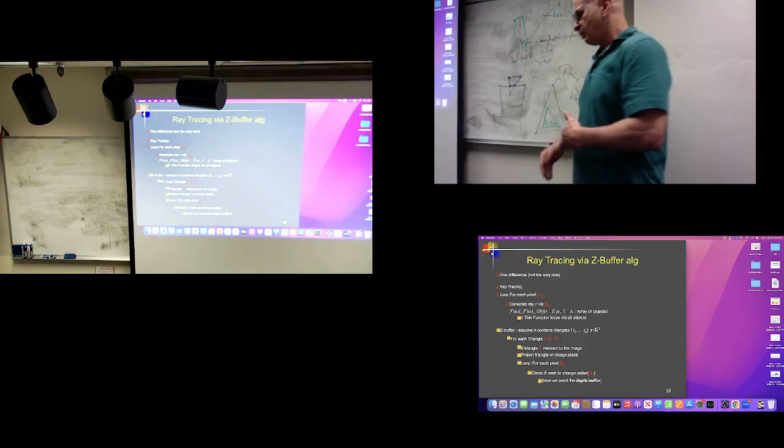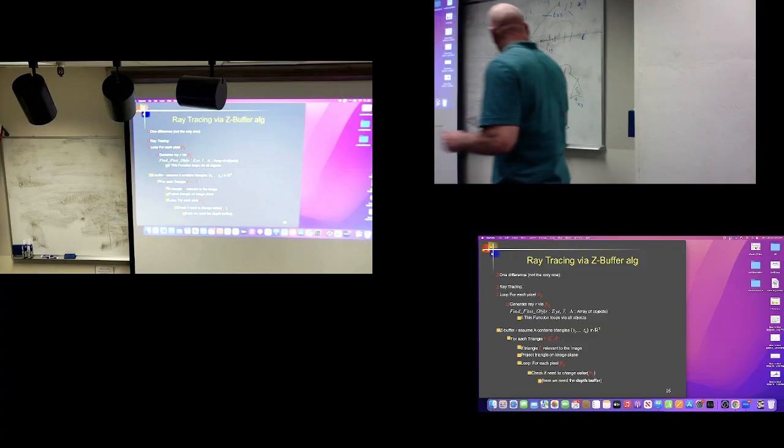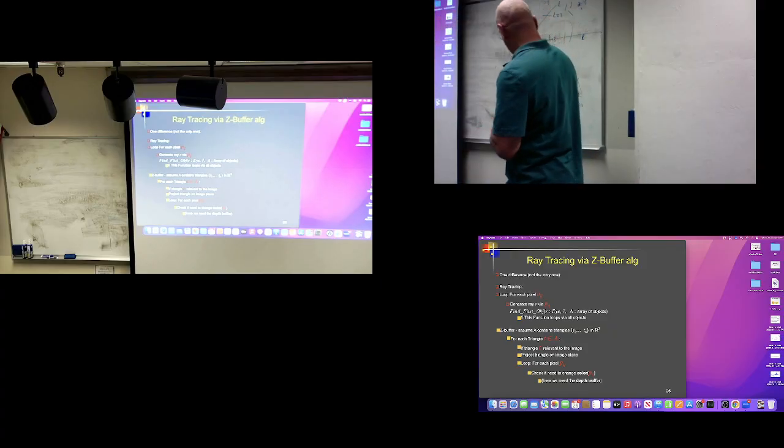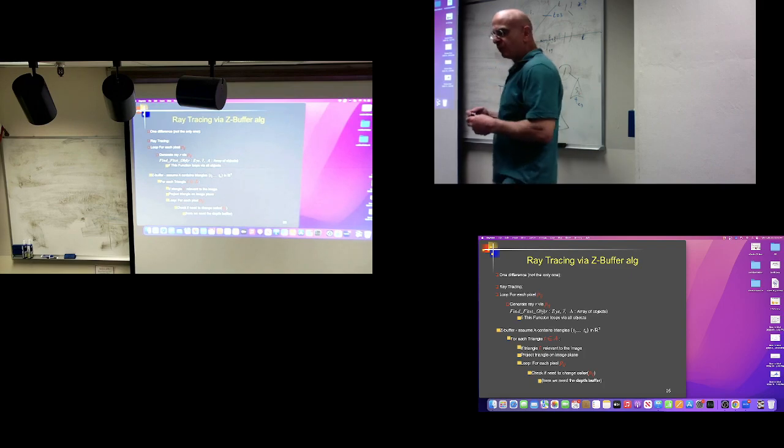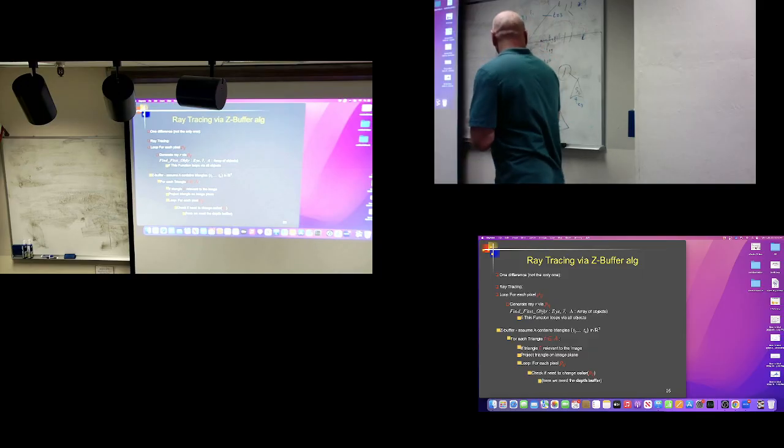Remember, what did the painter algorithm tell us? Here is one blue region, here is one red triangle.